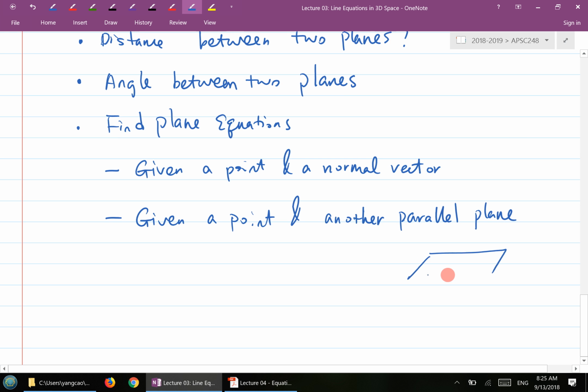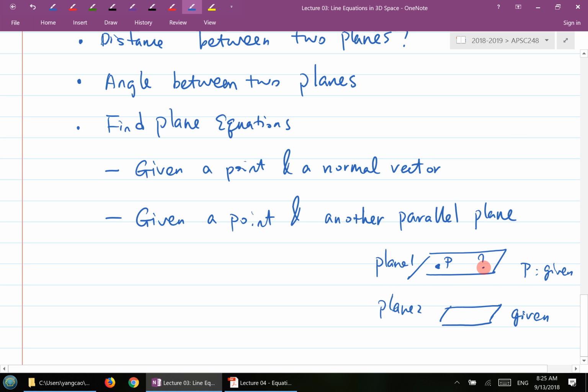Here's plane 1, and here's a point P, which is given. And then you have another plane 2, which is also given here. So this is what I mean by given conditions. And here is the one that you're trying to obtain. What's the plane equation?